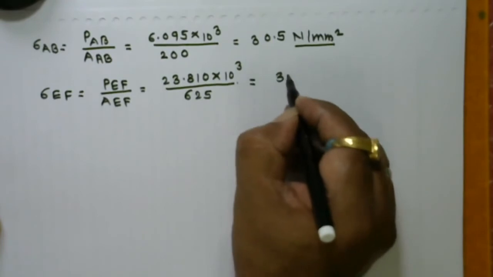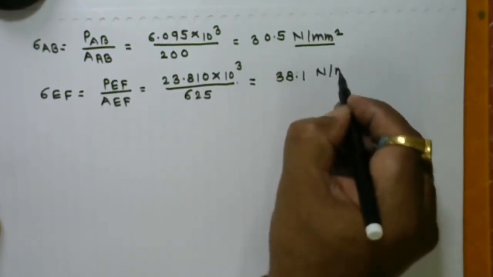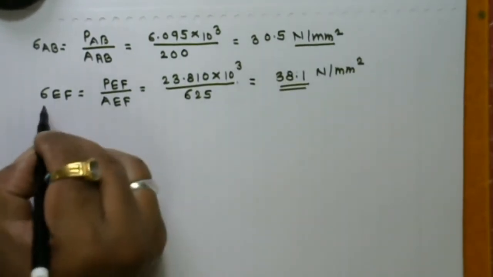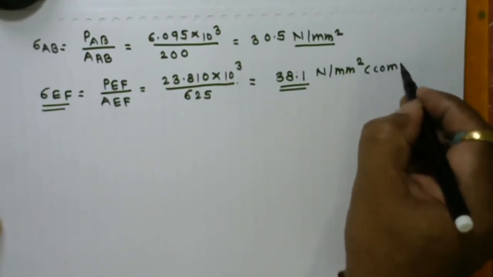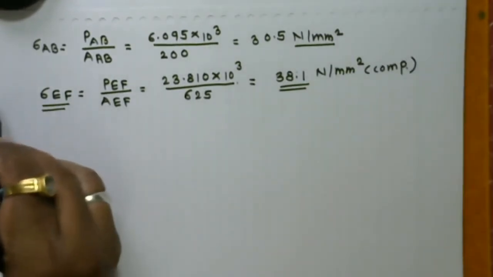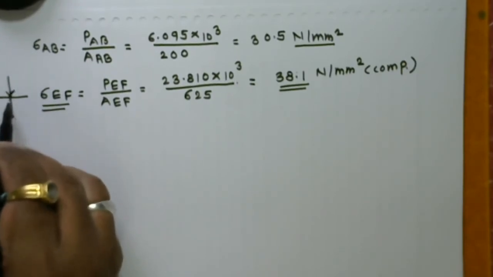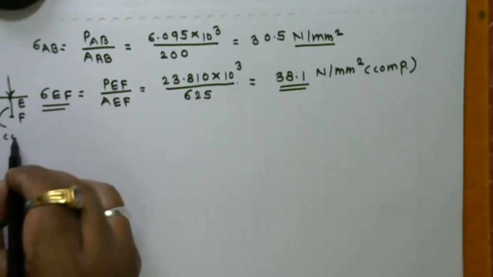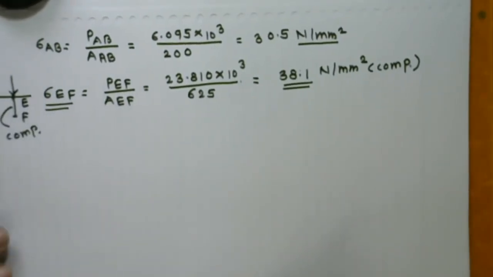So this becomes 38.1 Newton per mm square. Now this stress is compressive in nature, because the force is acting on that side of the link EF. So compressive stress is induced in the section. Okay.